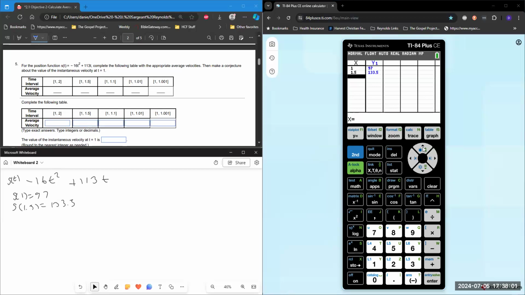You need to be careful with this that it's not rounding and you're not missing anything. 1.1 is 104.94. And then we've got 1.01 is 97.8084.